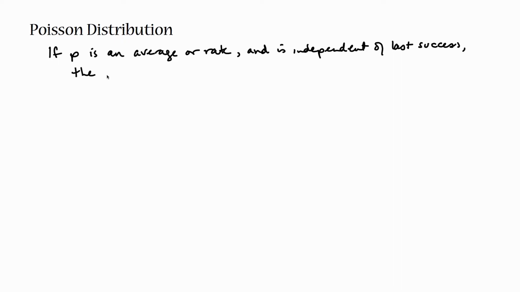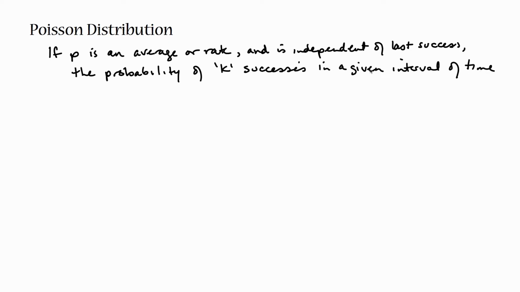The probability of a given number of successes, k, in a fixed interval of time, will have the Poisson distribution. So it's the probability of k successes in a given interval is Poisson distributed.